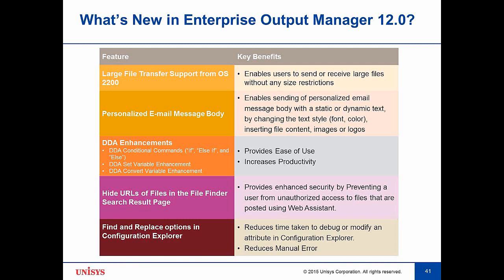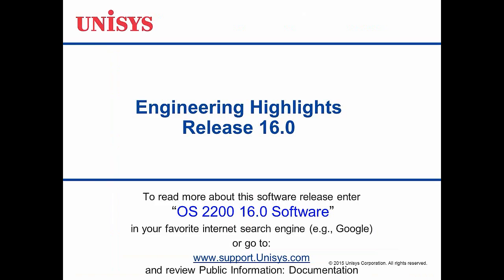In addition to the references on unisys.com that Sam mentioned for the new product capabilities, you can also find much more detailed information about our new software release by Googling, in your favorite search engine, text similar to OS 2200 16.0 software and find all of our documentation, or go directly to www.support.unisys.com.